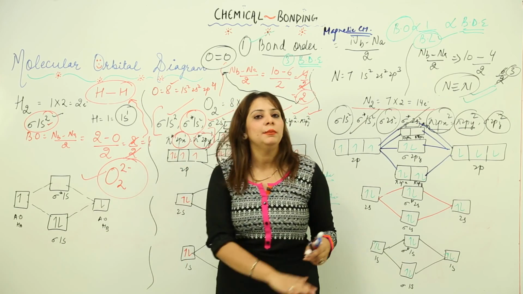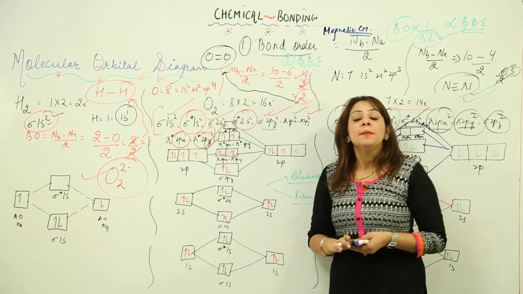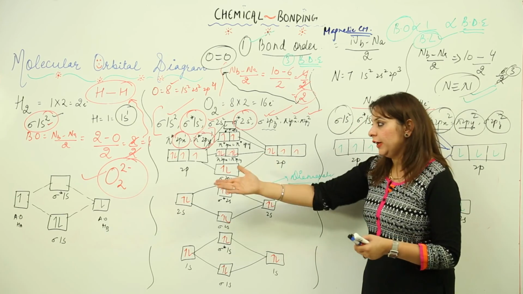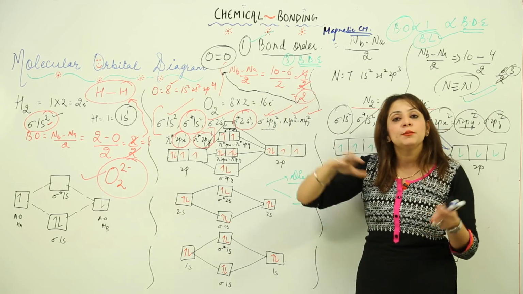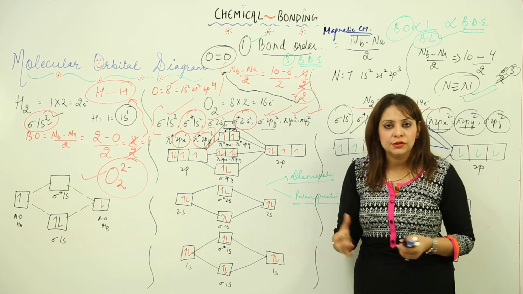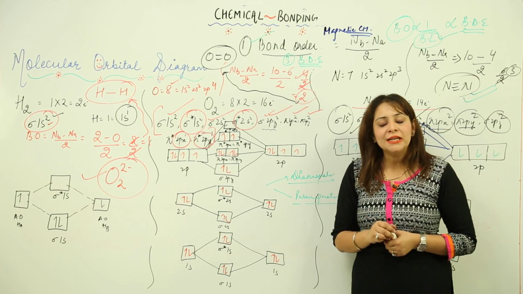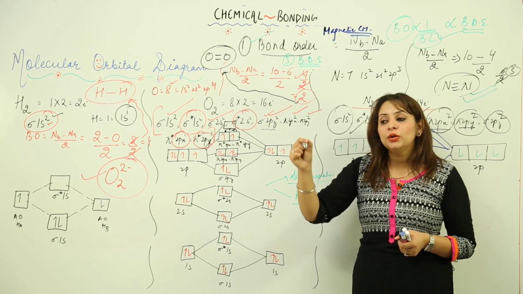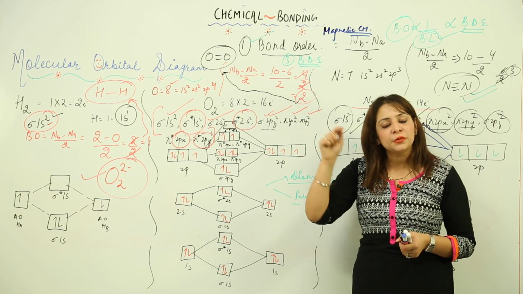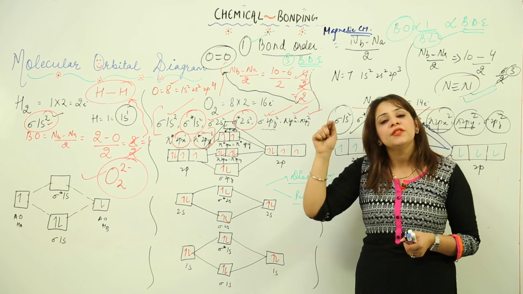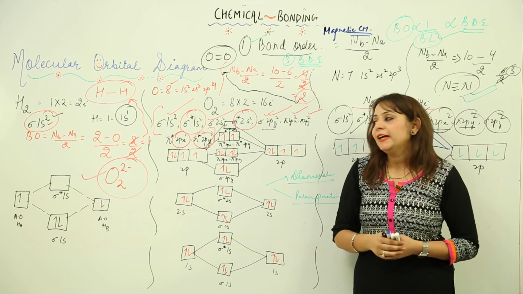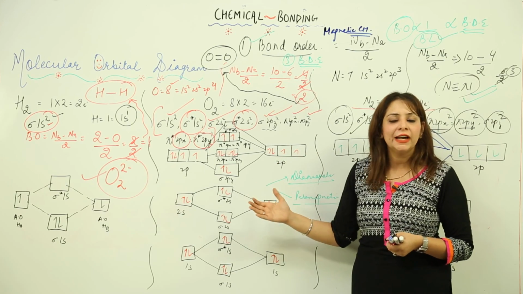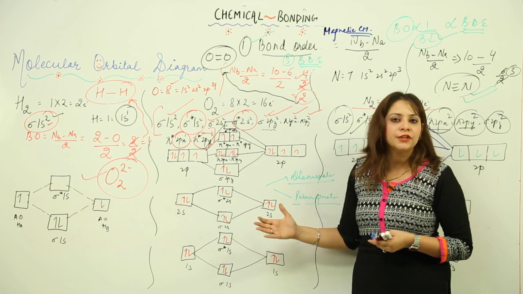Otherwise everything remains the same, but there will be a difference in the configuration, in the filling, and in the bond order, because the bonding and anti-bonding electrons will get shuffled, right? So this is what you need to focus on. If there is a positive charge, you need to subtract that number of electrons. If there is a negative charge, you need to add that many electrons. That's it, right? So this is our molecular orbital diagram, and by doing this we finish this chapter.